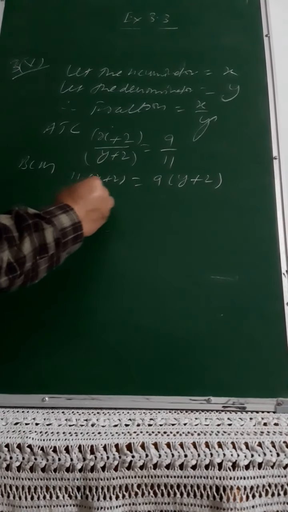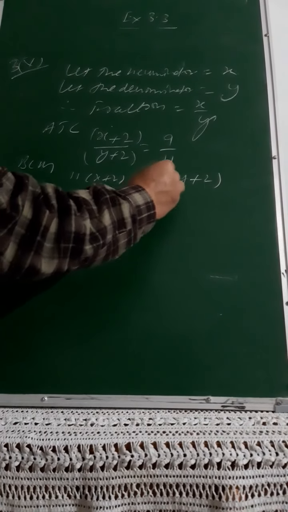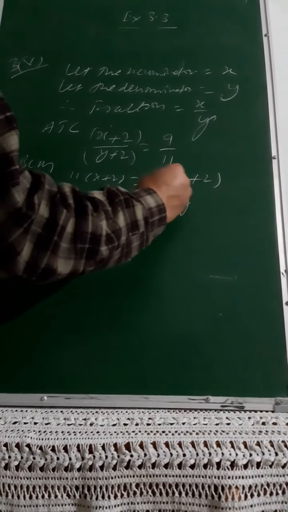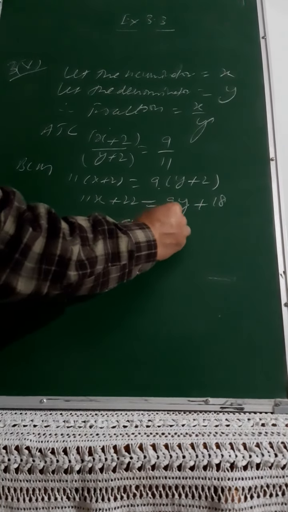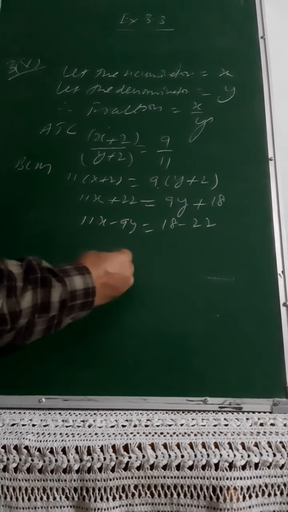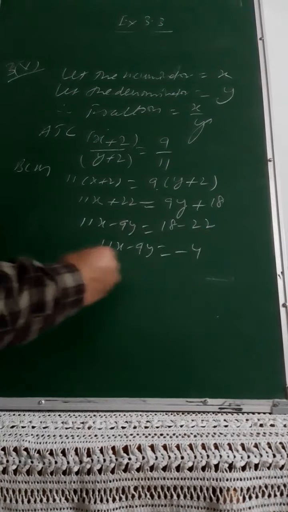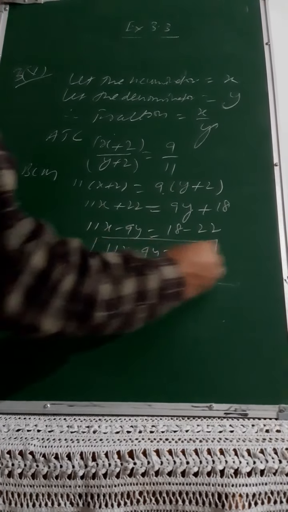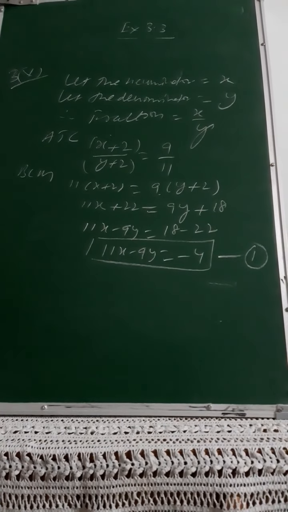Now 11 into X is 11X, 11 into 2 is 22, is equal to 9 into Y is 9Y, and 9 into 2 is 18. Then 11X minus 9Y is equal to 18 minus 22, so 11X minus 9Y is equal to minus 4. So this will be equation number 1: 11X minus 9Y is equal to minus 4.